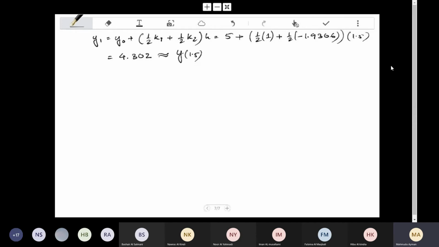But this is not very clear to show in this way, so what I always prefer is to draw a table.